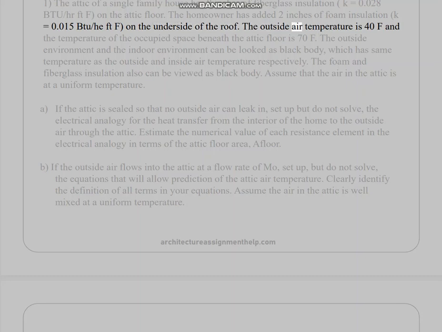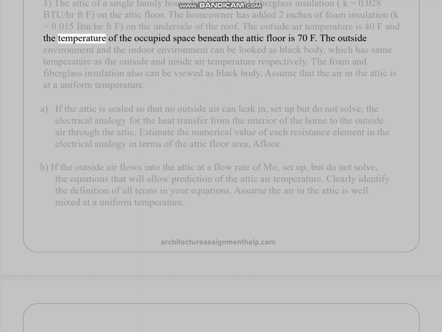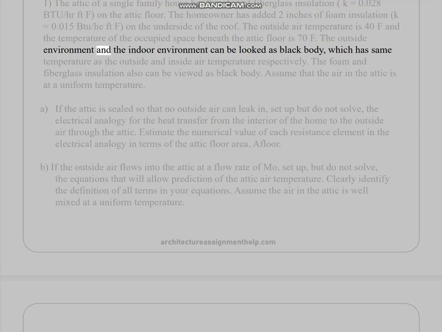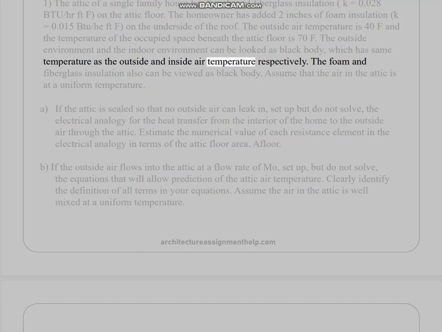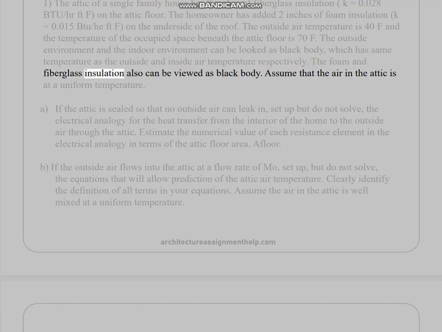The outside air temperature is 40°F and the temperature of the occupied space beneath the attic floor is 70°F. The outside environment and the indoor environment can be looked at as black bodies, which have the same temperature as the outside and inside air temperature respectively. The foam and fiberglass insulation can also be viewed as black bodies. Assume that the air in the attic is at a uniform temperature.